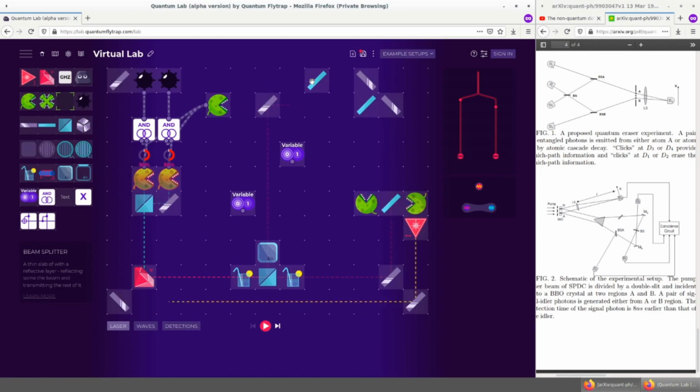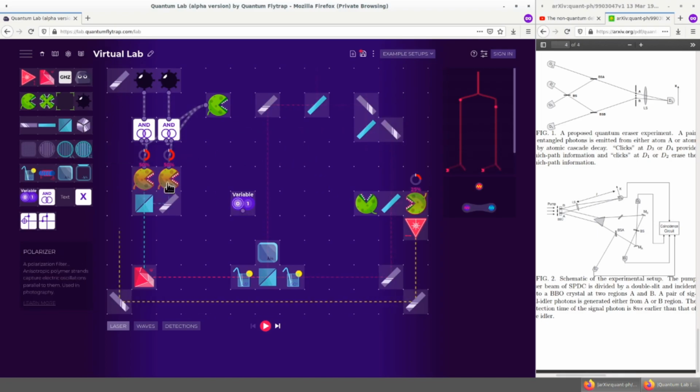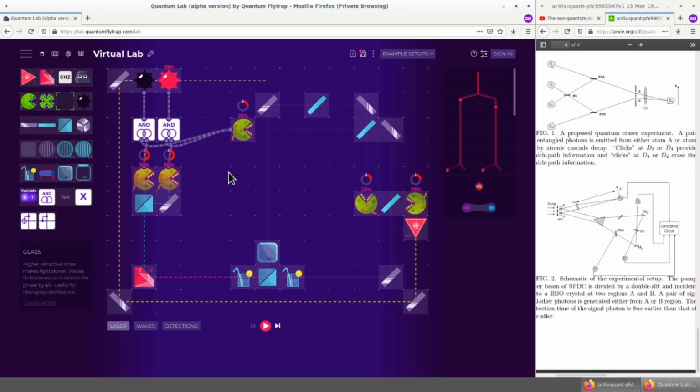And I'm actually going to shift this whole thing down to make sure that the reader photon doesn't get into the works. Okay, good.